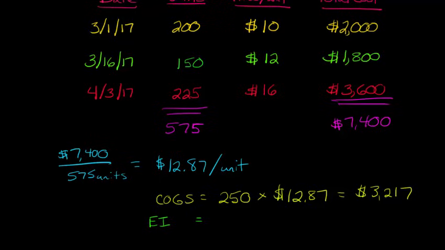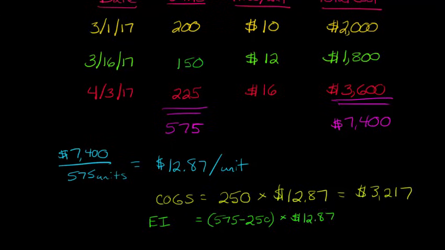So we've got to say, well, what's the total we had, which is 575, minus what we got rid of, which is 250. I'll just put this in parentheses, 575, what we started with, minus 250, what we got rid of. And now we multiply that, which is, I think, 325, by 12.87, our average cost, right?